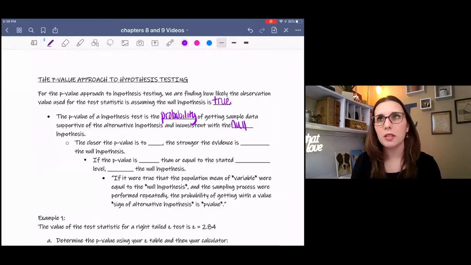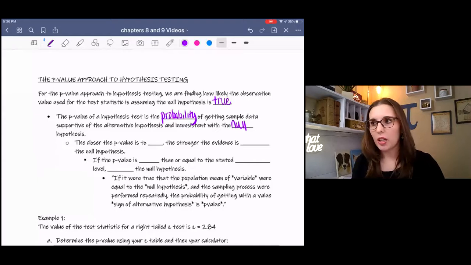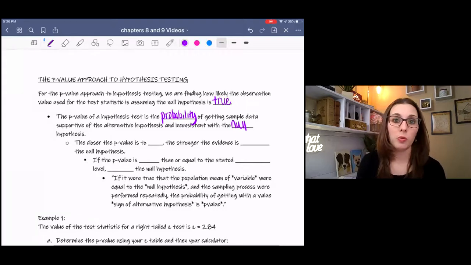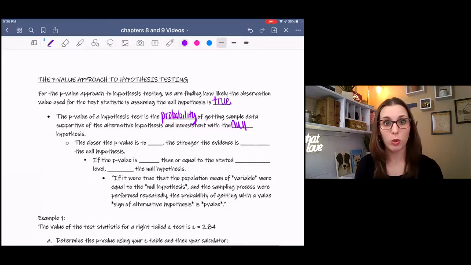This means that if we were testing a value, a test statistic, and we found the z-score for that value, and then found the area under the curve based on the z-score, what we're finding is the probability of that value happening if the null is true. The smaller the probability is, the stronger the evidence is against the null.